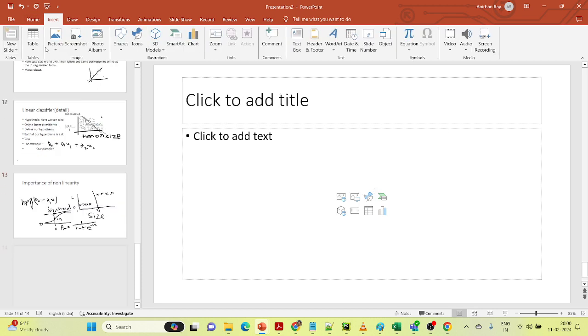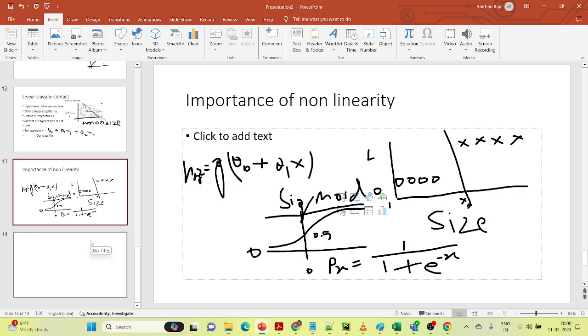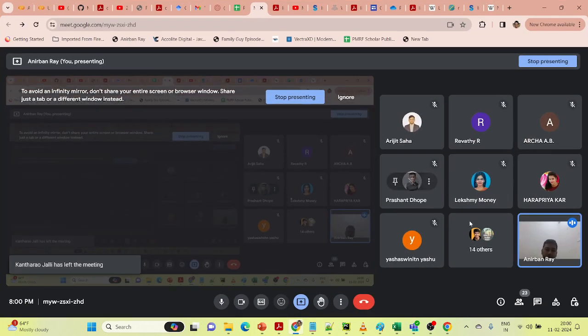Next slide. So what I mean to say is, this hypothesis I have defined as 1 upon, as you can see, I put theta 0 plus theta 1 x into it. Actually, is everyone able to see the slides?